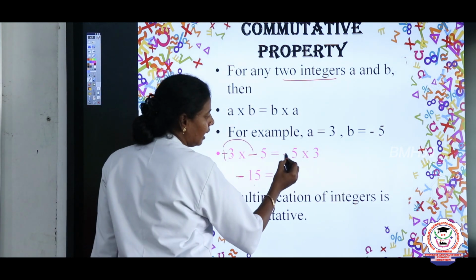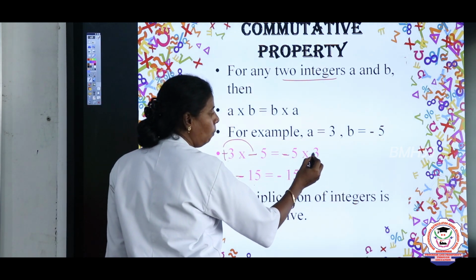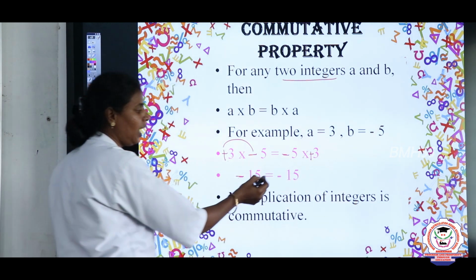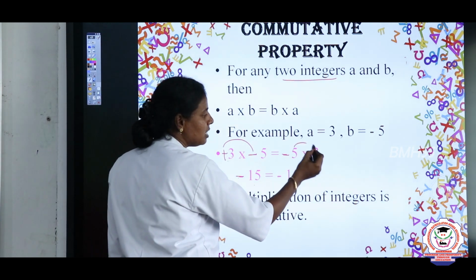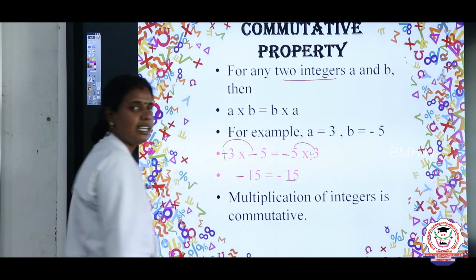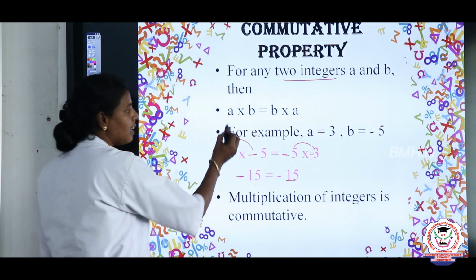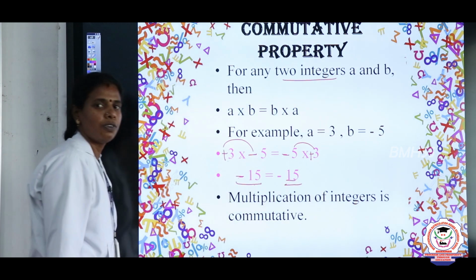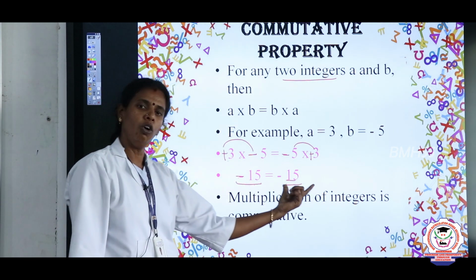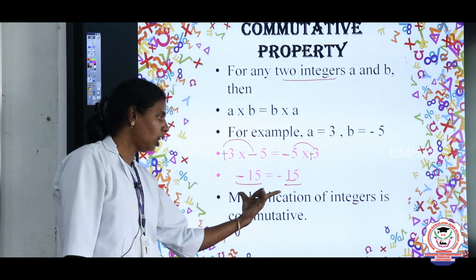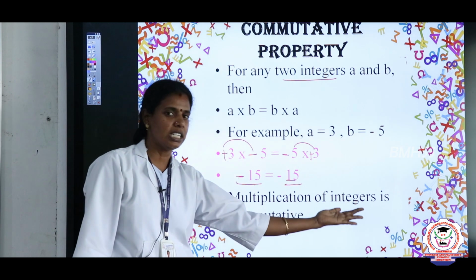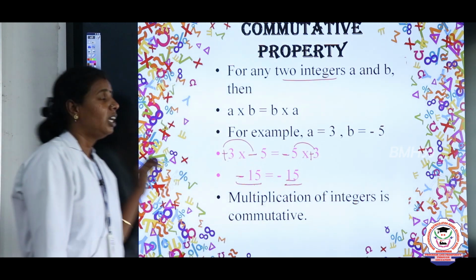On the right hand side, minus 5 into plus 3, positive and negative again, so the answer is negative, and 5 3s are 15. So the left hand side is minus 15 and the right hand side is also minus 15. Therefore, LHS equal to RHS.